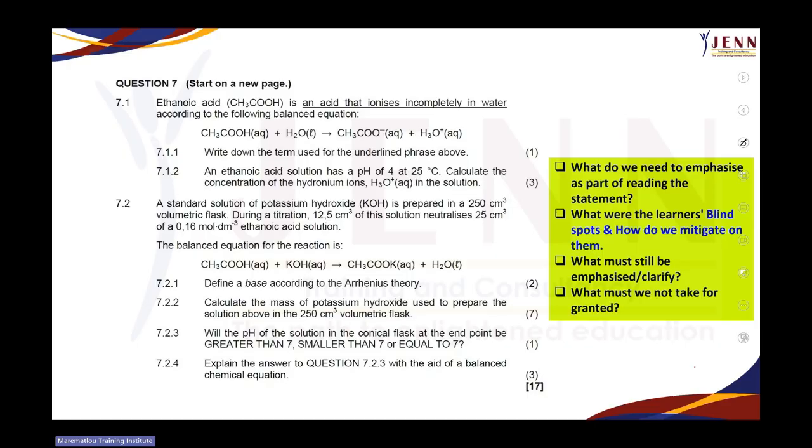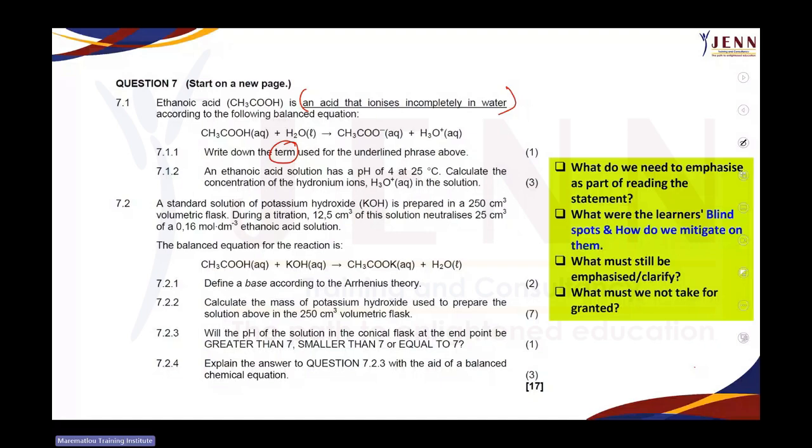We need to define a term that is underlined there, indicated by that underlined statement. So that's a definition. That's one of the things that I would say are easy things. These are just read off. They are level 1 questions, things that you should remember at the top of your mind. And when it says it ionizes completely, that was a clue.